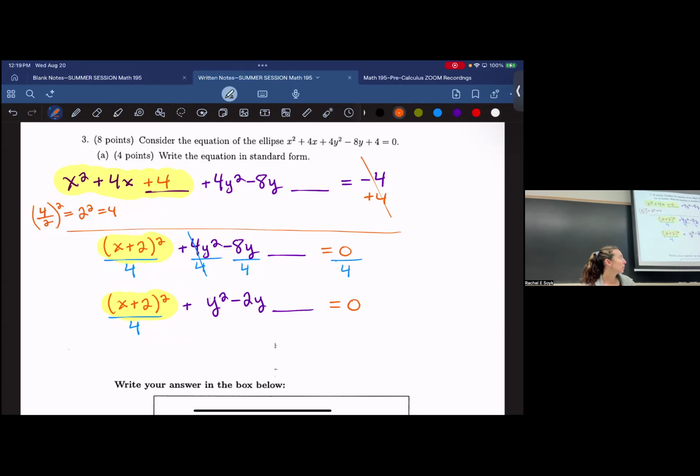Now the purple, question? As in like factor out the 4? Yeah.